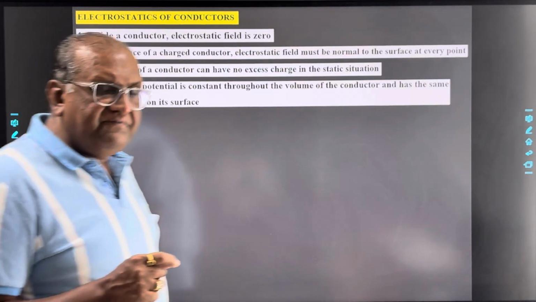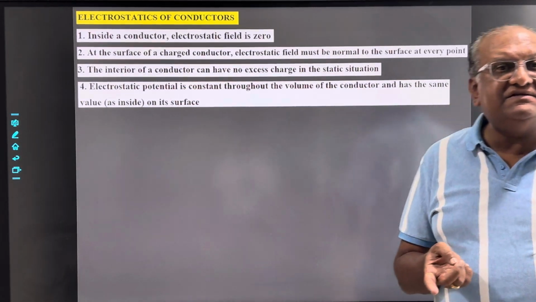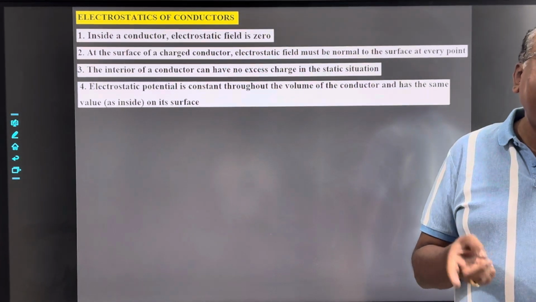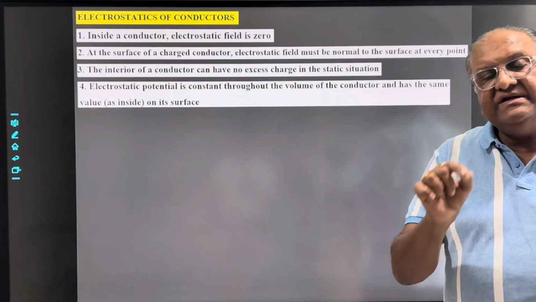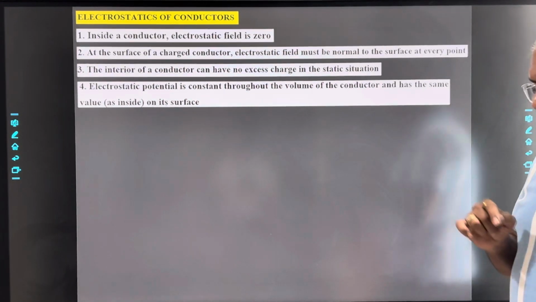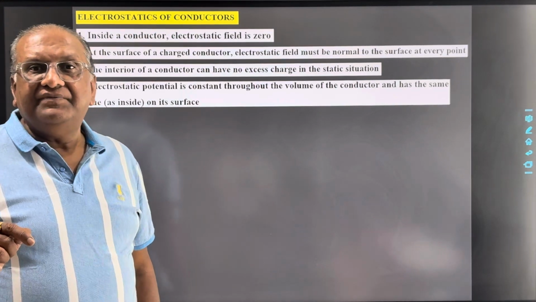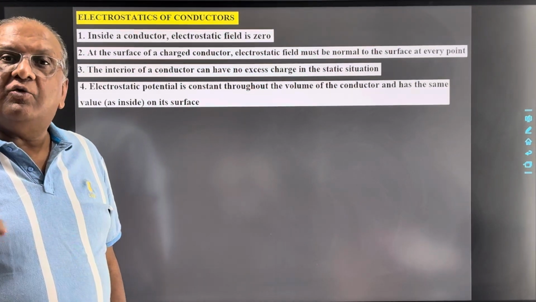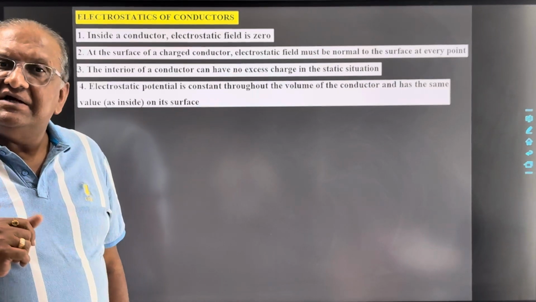If inside the conductor electric field is zero, then we know electric field E is equal to minus dV by dr. So the differentiation of electric potential with respect to displacement is equal to zero, meaning electrostatic potential is constant.